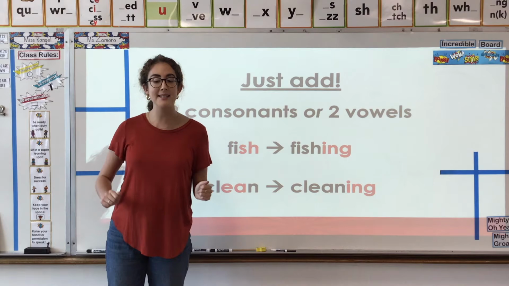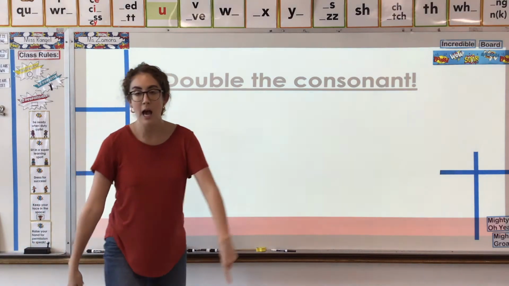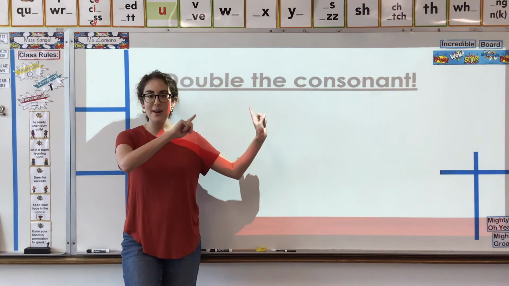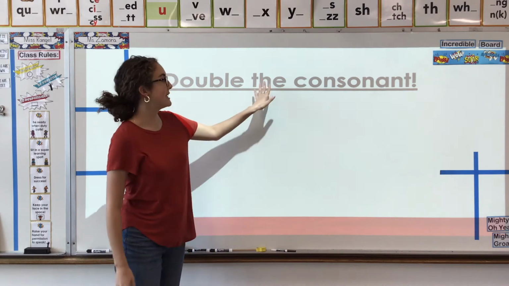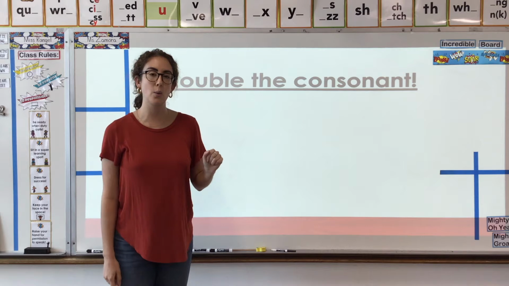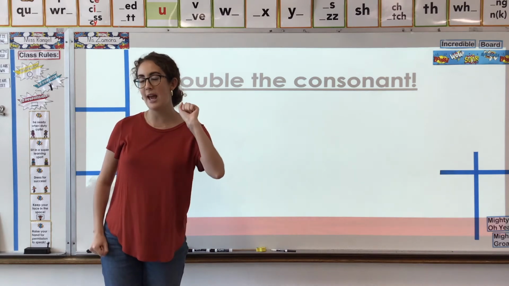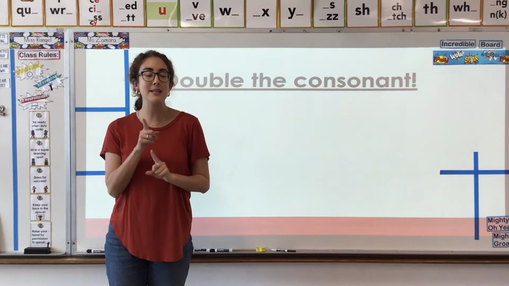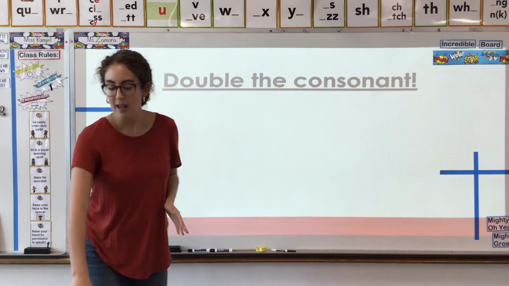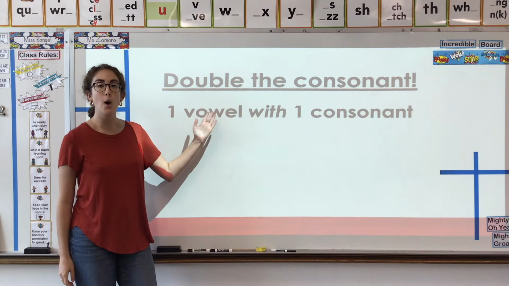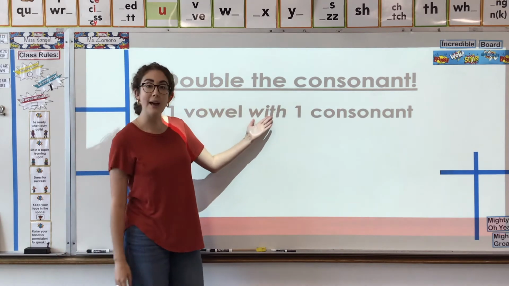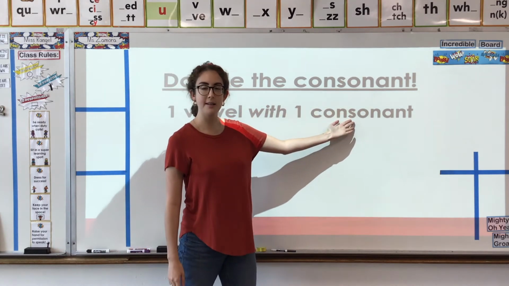Another way we can add a suffix is by doubling the consonant. This was another one of the ways we practiced yesterday. We can double the last consonant in the word before we add the ending. And this happens in one specific case, and that is when we see one vowel with one consonant.